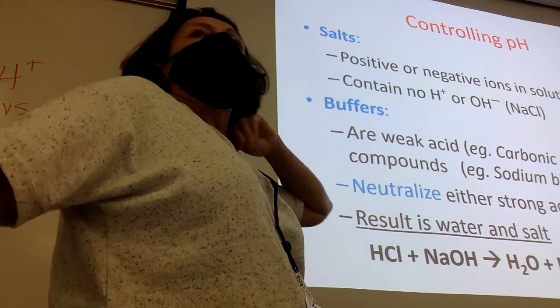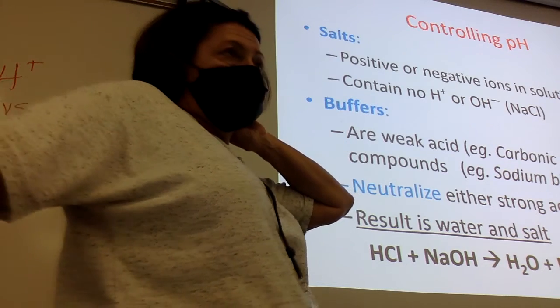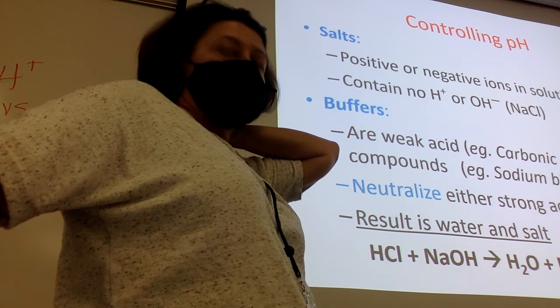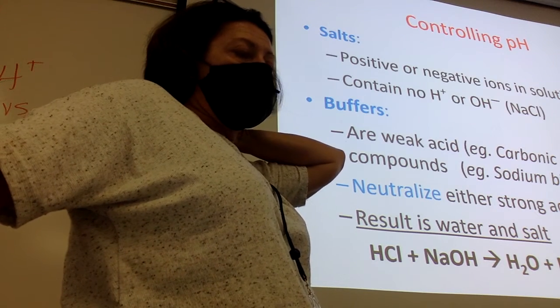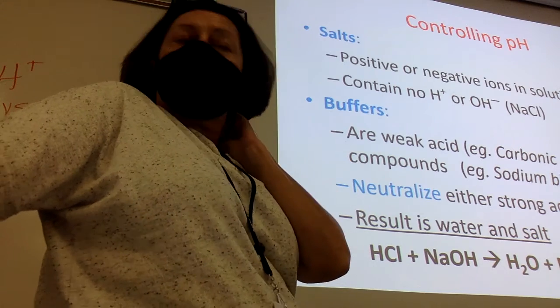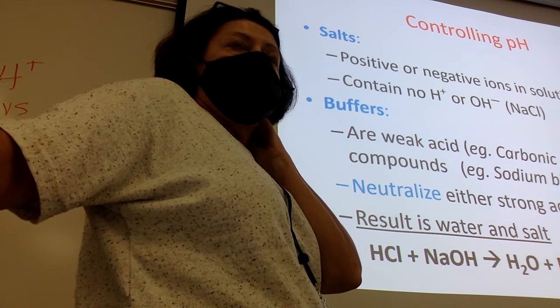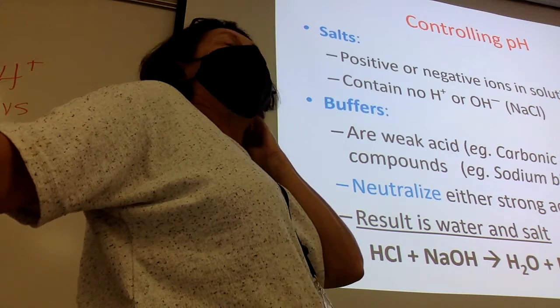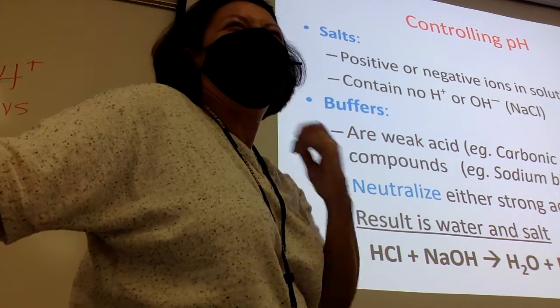Buffers are what are going to neutralize acids and bases. I'll give you a for instance. What acid is in your stomach? Yes, stomach acid. Thank you so much. I'm like, is this a trick question?